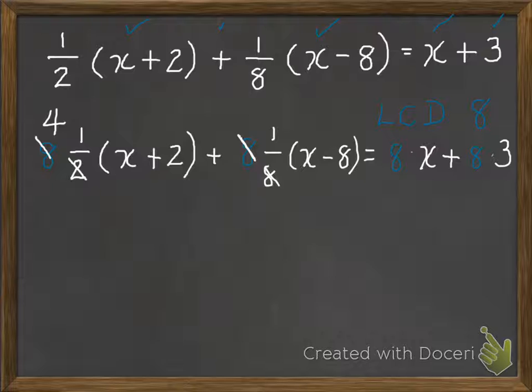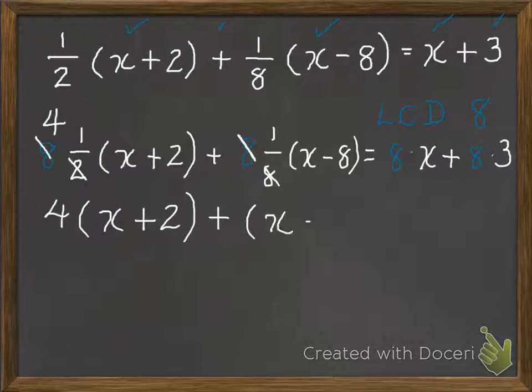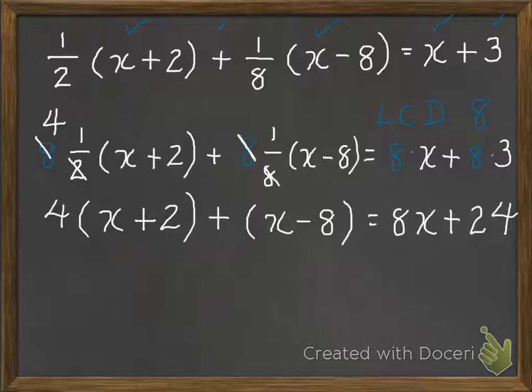And so over here we're left with 4 times (x plus 2), fraction gone, plus (x minus 8) equals 8x plus 24. All the fractions have been cleared.